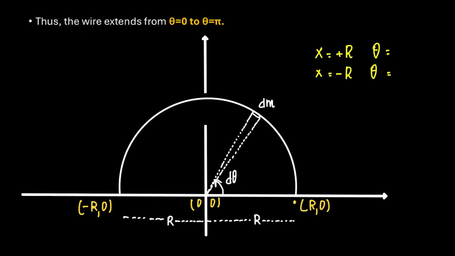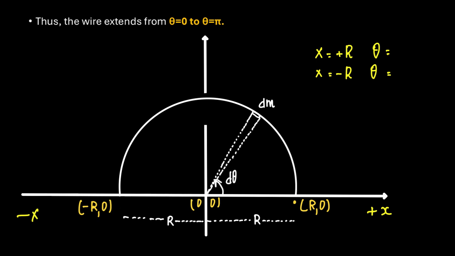So, we have a semicircular ring here, which has a radius r, which is placed symmetric to both x and y axis, with 0, 0 being the origin, being the center, which means towards the positive x-axis we'll have a distance of plus r, and towards the negative x-axis we'll have a distance of minus r.